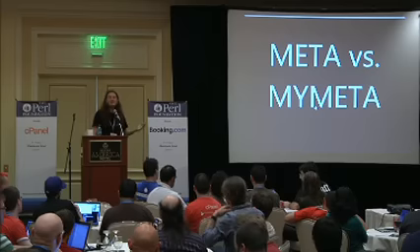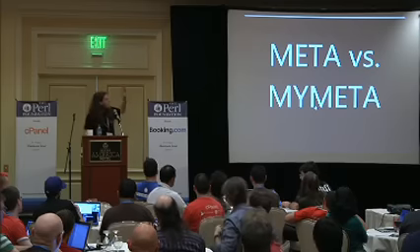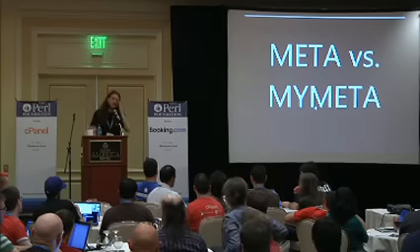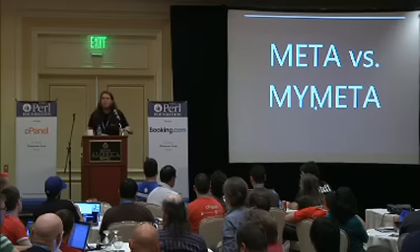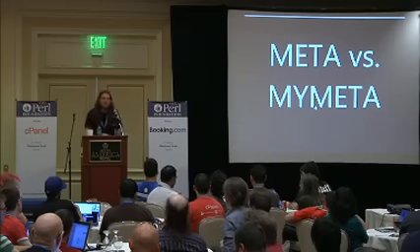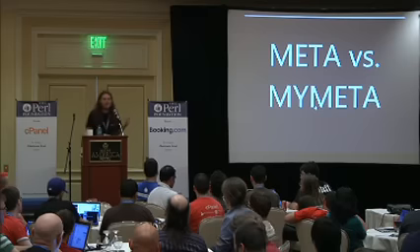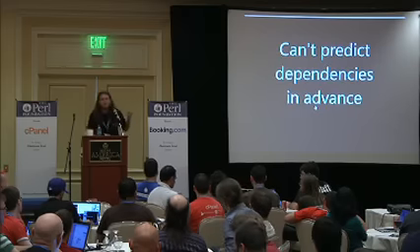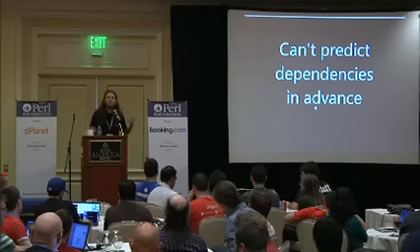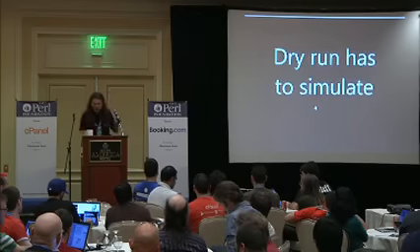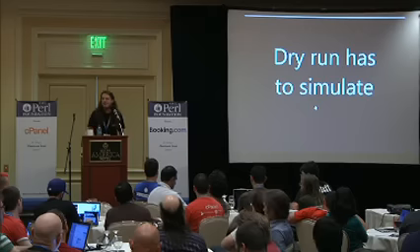First thing, my meta. Meta.json tells you approximately what the dependencies are probably going to be. You don't have a normative set until you have a myMeta file. And you don't have a myMeta file until you've configured the distribution, so you can't reliably predict things in advance. So dry run has to simulate it.